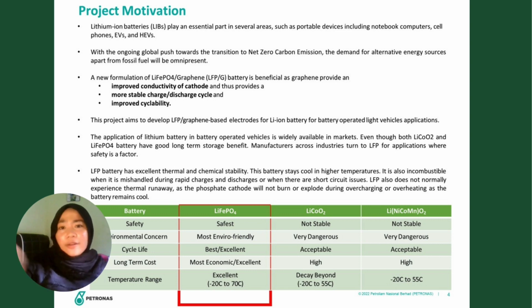So why graphene? Because graphene can improve the conductivity of the cathode, give more stable charge, and also improve the cyclability. Here I show the table of the advantages of graphene.